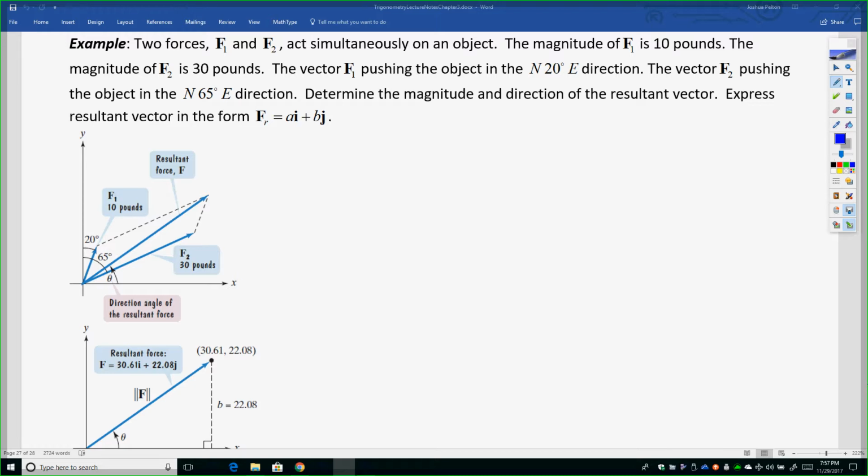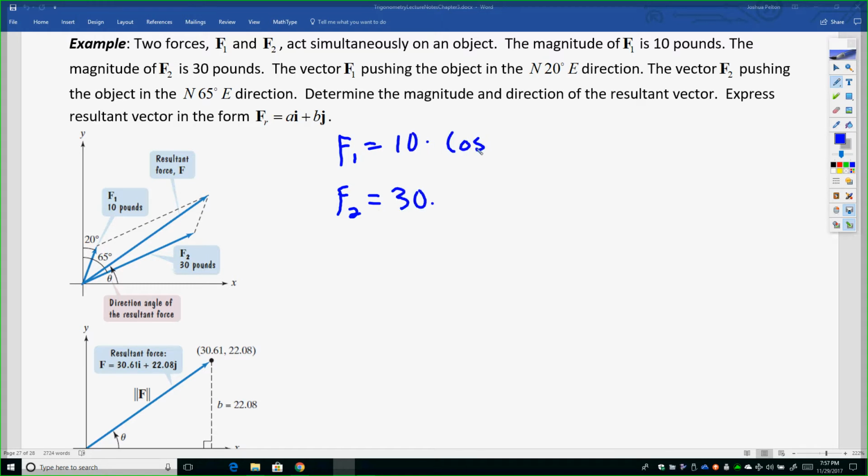But here, just generic forces, F1 and F2. One has 10 pounds, one has 30 pounds. One is north by 20 east, one is north by 65 east. I've drawn the corresponding problem in the diagram to the left. We need the formula for the first force and the formula for the second force. So the first force is 10, and the second force is 30.